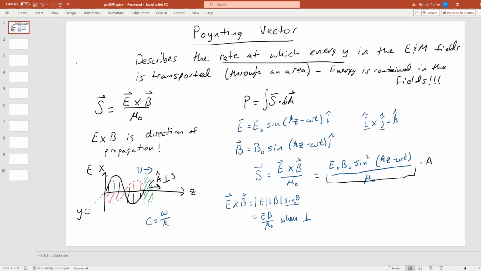It would be parallel. And therefore, the dot product just goes to the integral of S times A.